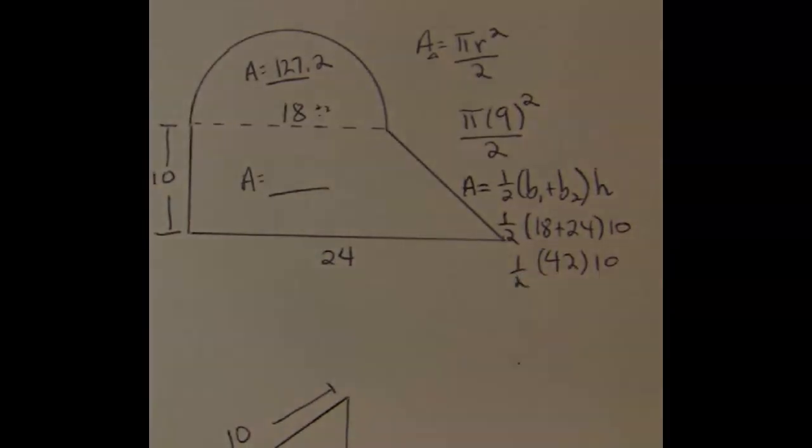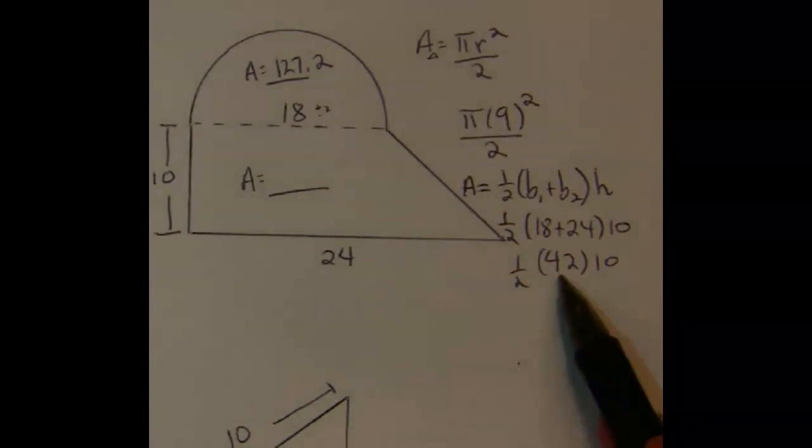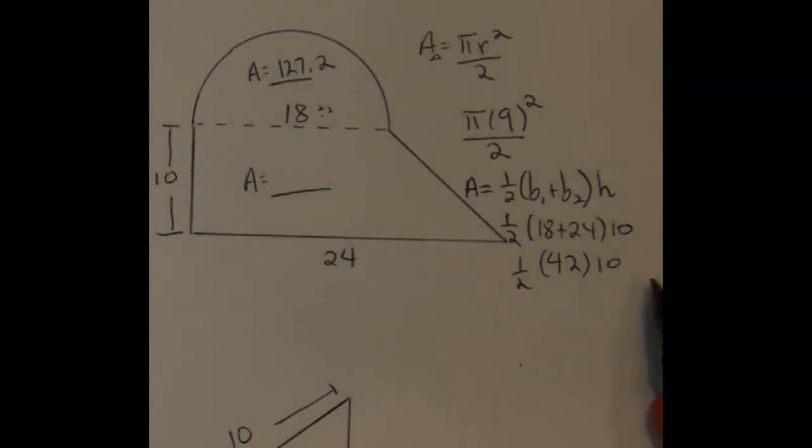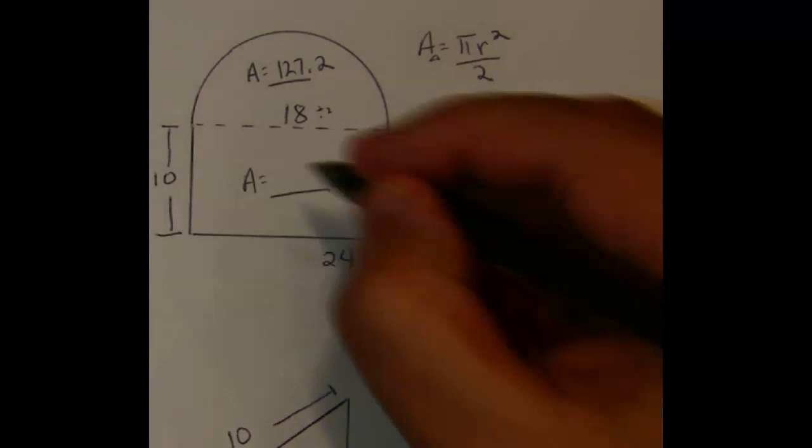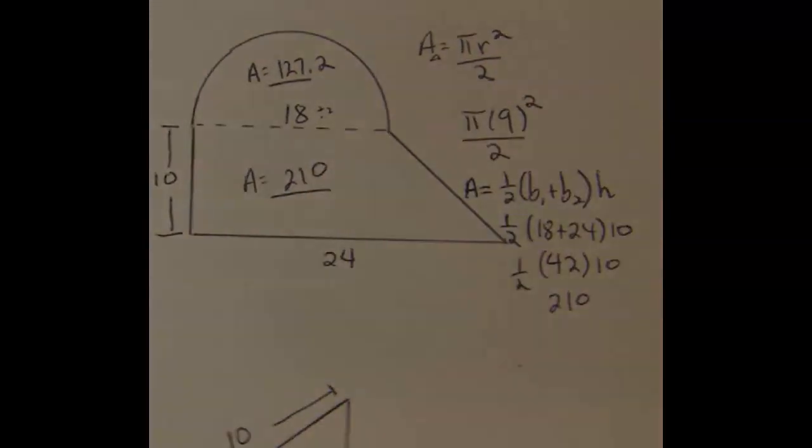A couple of ways you can go about this. You can say 42 times 10 divided by 2, or half of 42 then times 10. It doesn't matter. It gives you the same answer. So if I say 42 times 10, you get 420, and then you divide it by 2, you would get 210.